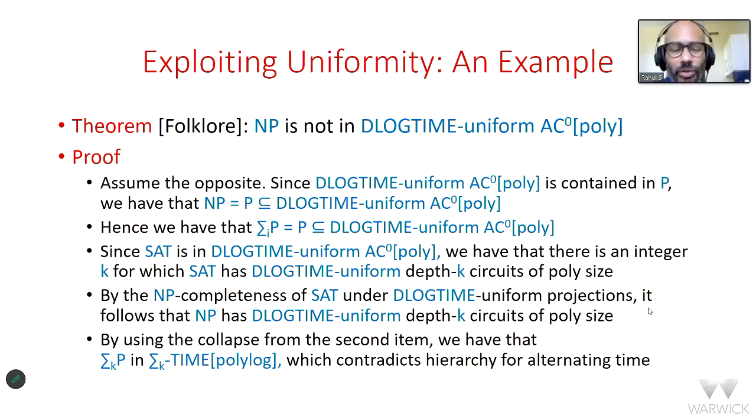But now we can use a well-known correspondence between DLOGTIME-uniform AC0 and alternating time. DLOGTIME-uniform AC0 of depth k is known to be the same as Sigma_k time polylog. By using that, we get that Sigma_k polynomial time is in Sigma_k time polylog, which is a contradiction to a hierarchy theorem for alternating time.